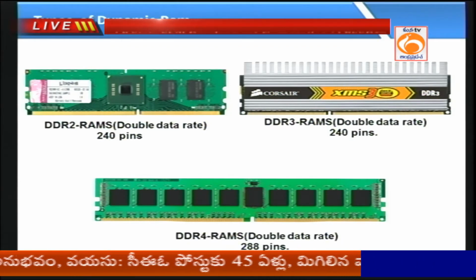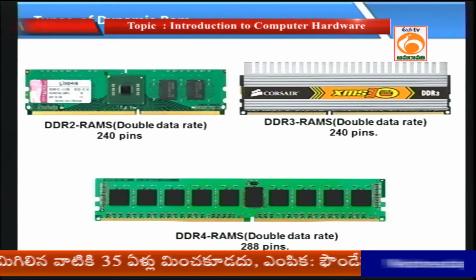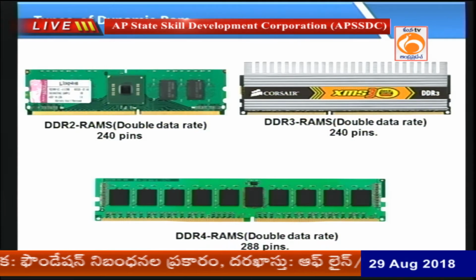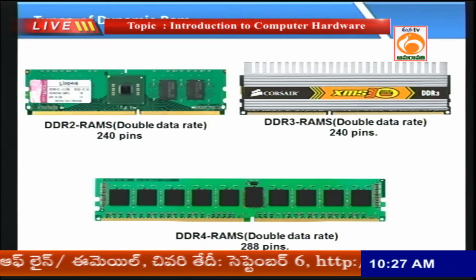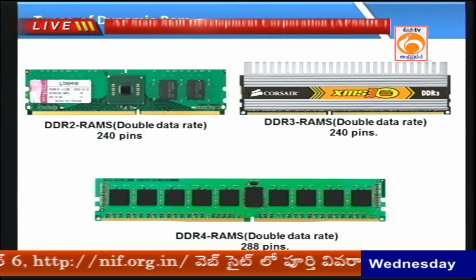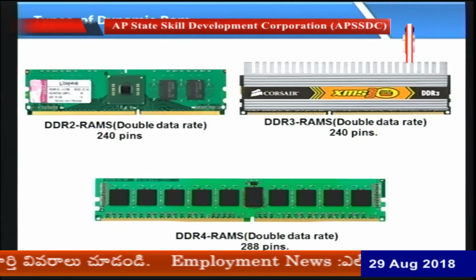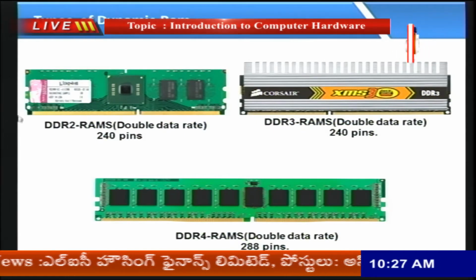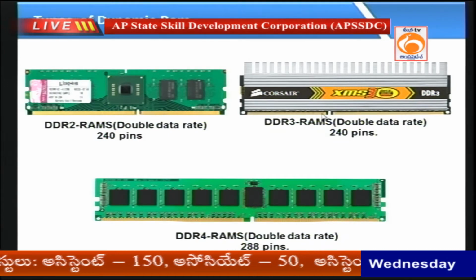In DDR1 type RAMs, the notch location is almost on the right side. What about DDR2? In DDR2 type dynamic RAMs, the notch location is almost in the middle. Coming to DDR3, the notch is located slightly to the left side. Here on this screen, don't compare the notch locations on these dynamic RAMs, as the picture is not properly captured.